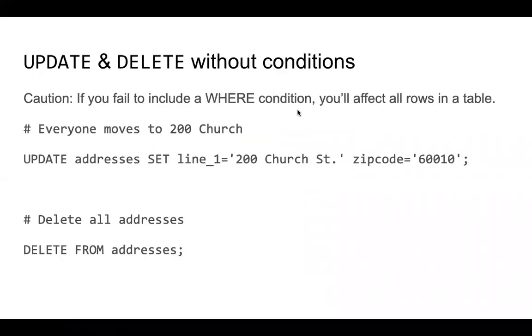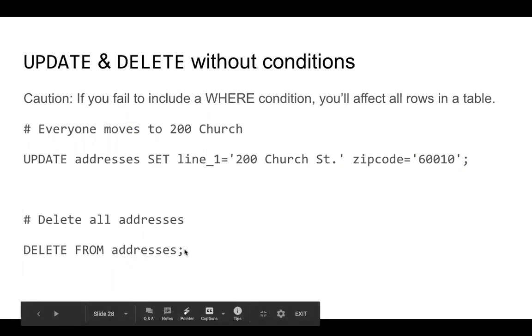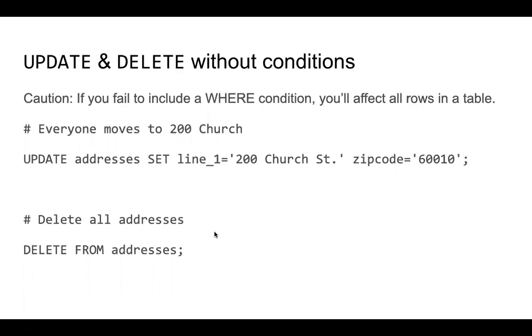The important thing to keep in mind about update and delete is if you fail to include a where condition, you'll affect all rows in a table. So update address set line, if you don't include where ID equals this, everyone moves to 200 Church Street. If you delete from addresses without saying where, it will delete everything. So when we talk about measure twice, cut once, this is what we're talking about.